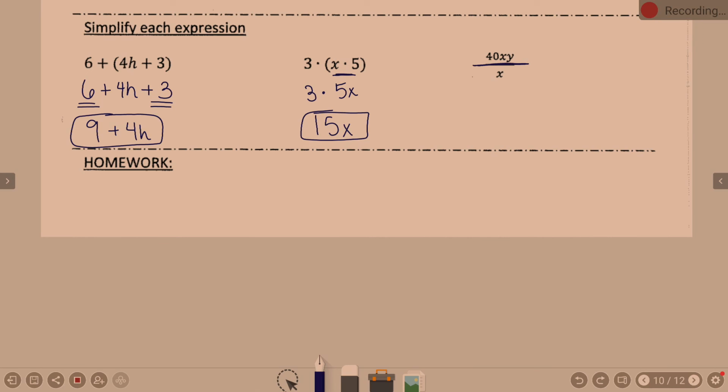It is 40xy divided by x. So we can't change the problem any other way. It's taking that whole 40xy and dividing by x. Is there anything in common that could cancel out? The x. The x can cancel out. And when the x cancels out, we're left with 40y.